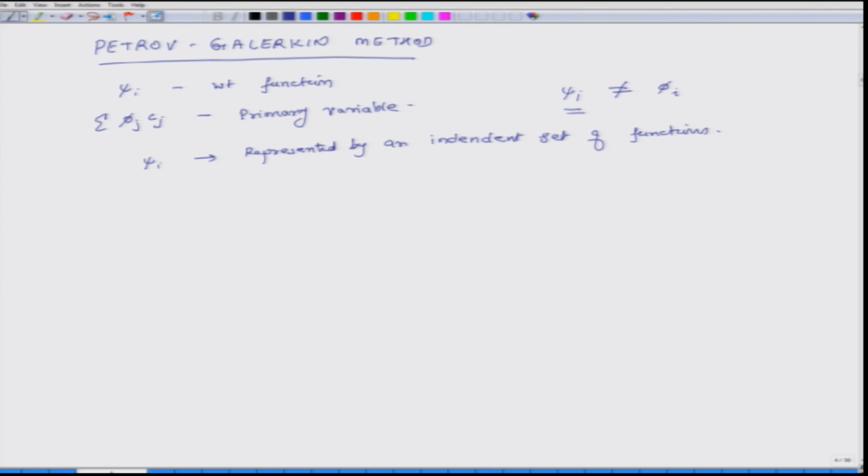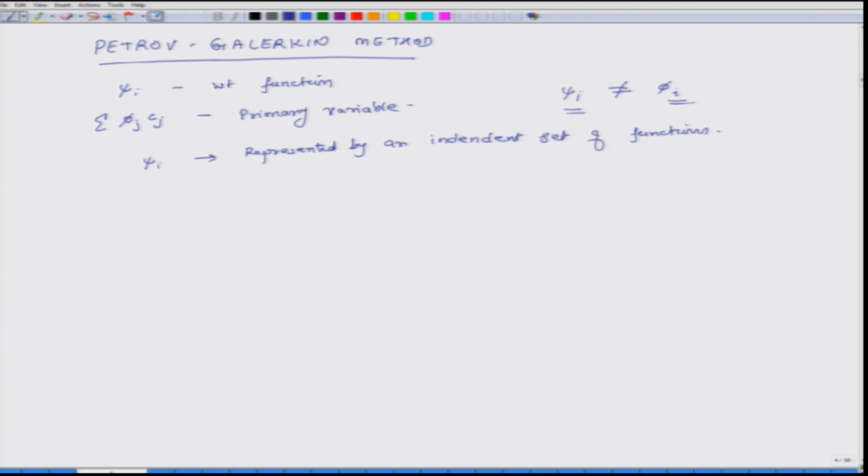You may pick a function which meets the boundary condition, that is fine, or if it does not meet, that is fine also, but it should not be from this set of phis. So that is the Petrov-Galerkin method.